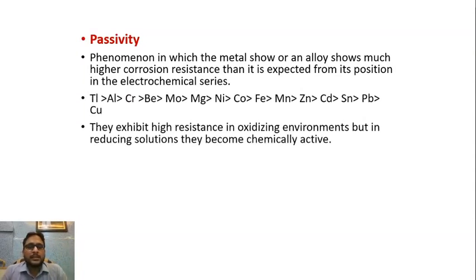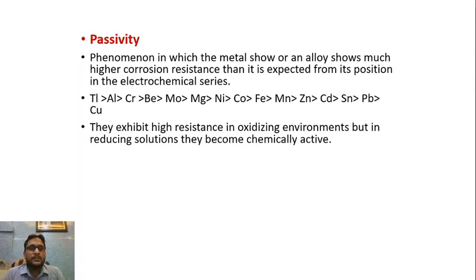And this series shows that the highest level of passivity is shown by Ti, then we have Al, Cr (chromium), beryllium, then molybdenum, Mg (magnesium), nickel, cobalt, iron, manganese, zinc, cadmium, tin, lead and copper. So this is the series, while Ti has the highest passivity, and these exhibit very high resistance in oxidizing environment. But in reducing environment or reducing solutions, they become chemically active.